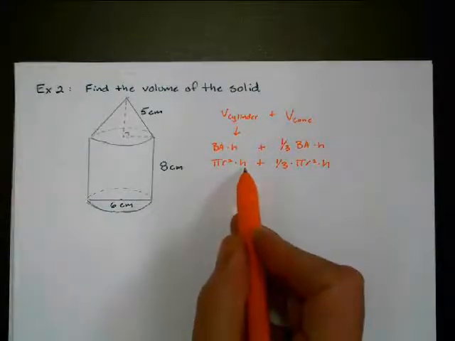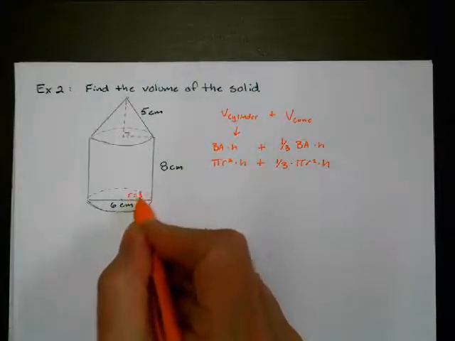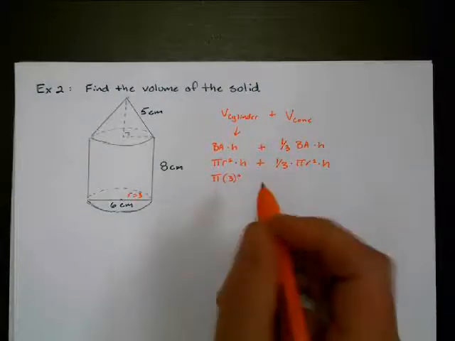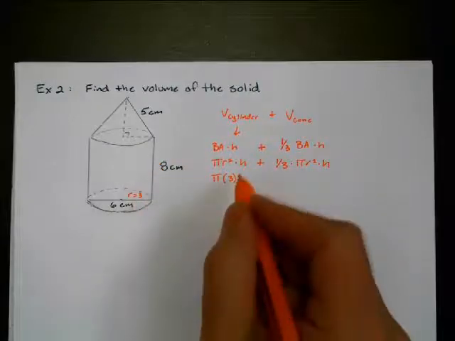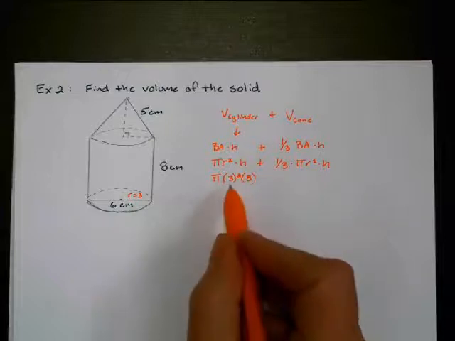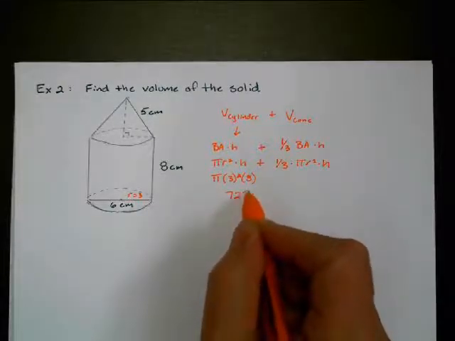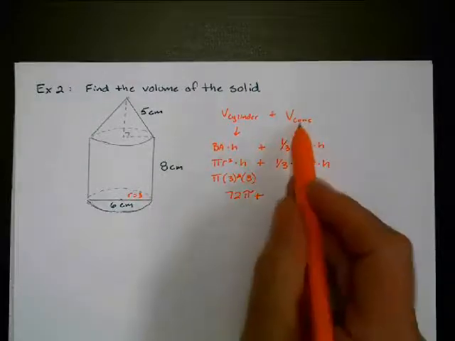So r over here, the radius is going to be 3. So this is pi times 3 squared. And our height over here, the height of the cylinder, looks like it's 8. So this is 9 times 8, which is 72 pi. So that's the volume of the cylinder, and we're going to add the volume of the cone to that.